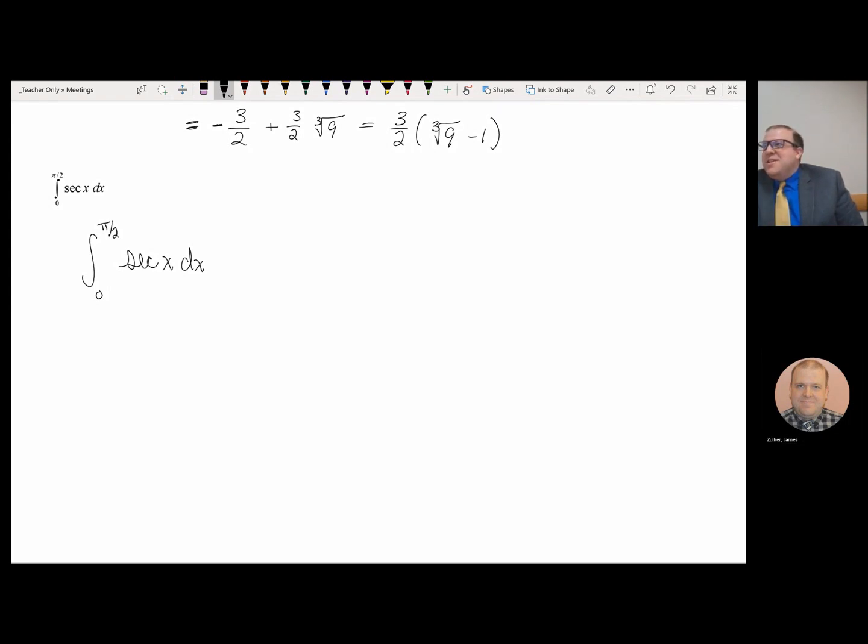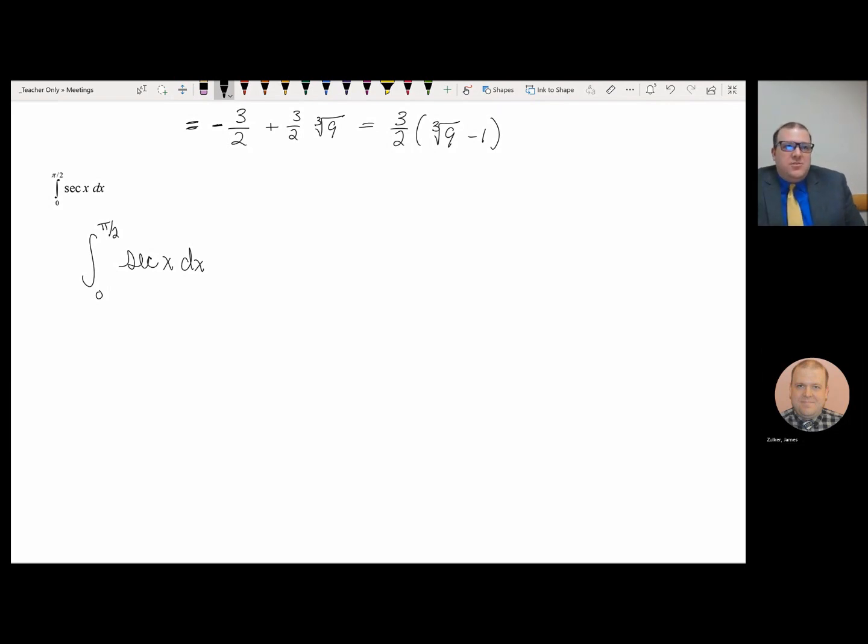You said no, and then you said yes. So which one? No. Yes. Yes. How can you write secant? Wouldn't that be discontinuous if cosine is 0?